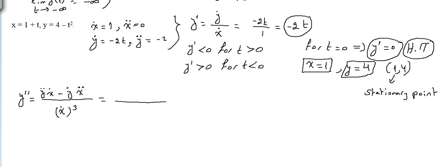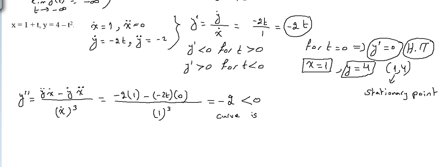Then it equals negative 2 times 1 minus negative 2t times 0, over 1 to the power 3, and that is equal to negative 2. It's a negative constant, so it's strictly negative. Then we can say the curve is concave downwards for any value of t in the domain, because there is no t here, so it doesn't affect the second derivative.